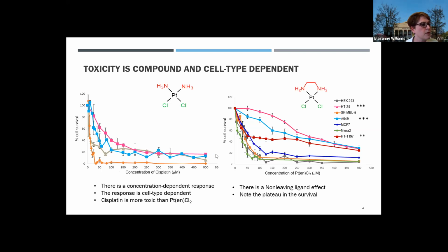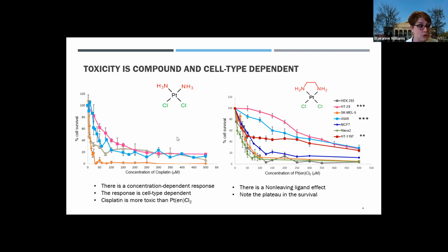The colorectal line in pink is a little less sensitive to both compounds compared to, for example, the melanoma cell line. With some differences, though: the HEK cell lines and the melanoma cell lines have more differences in cisplatin than they do in our platinum-EN chloride.